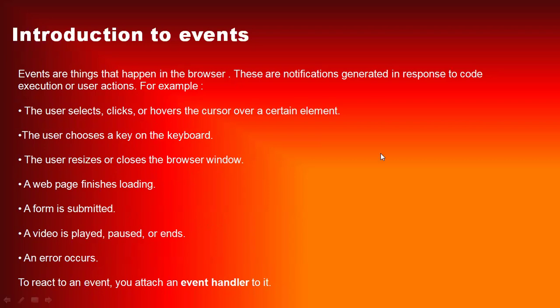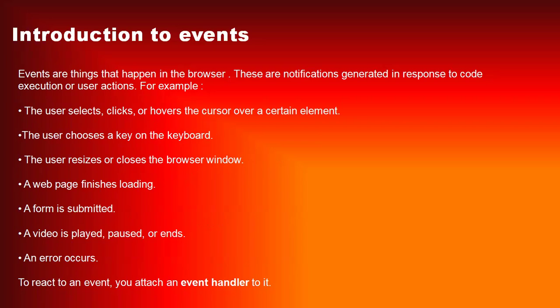Here are some examples of events. The user selects, clicks, or hovers the cursor over a certain element. We may select some data, or the user might click on it, or the cursor may just be moved over it.